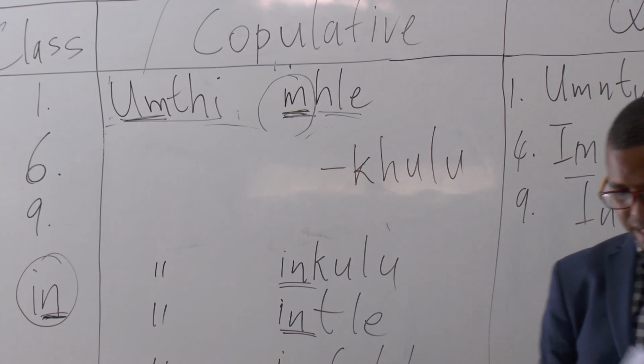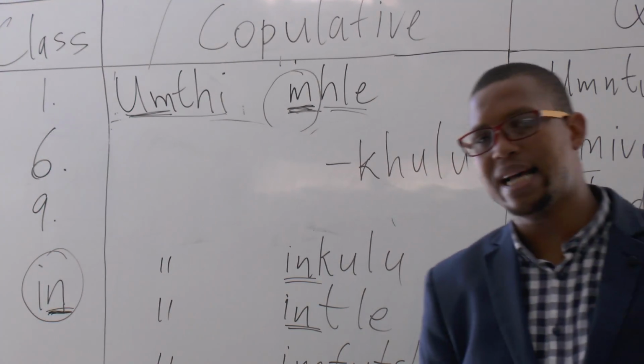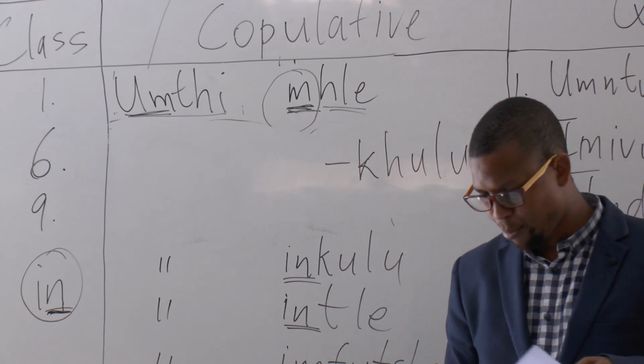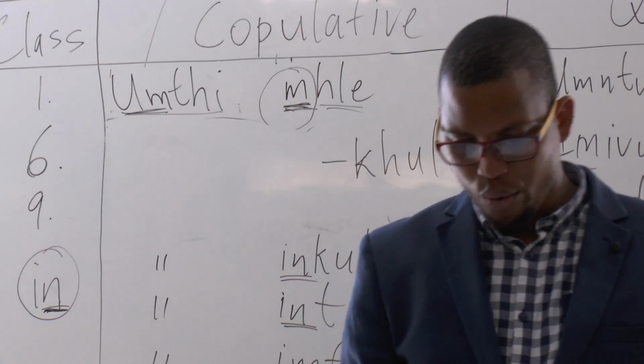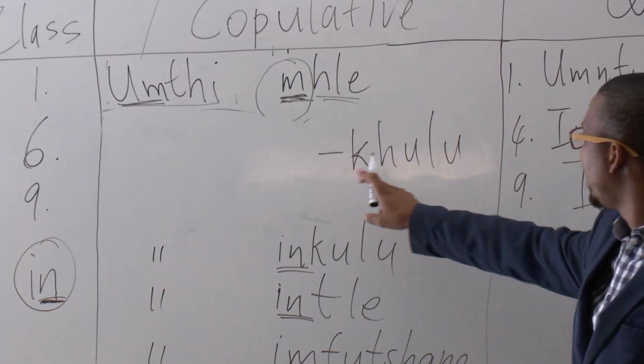If you take a look at page 23 of your notes, in the case of classes 9 and 10, there are changes that take place when the concord is put together with the adjective.